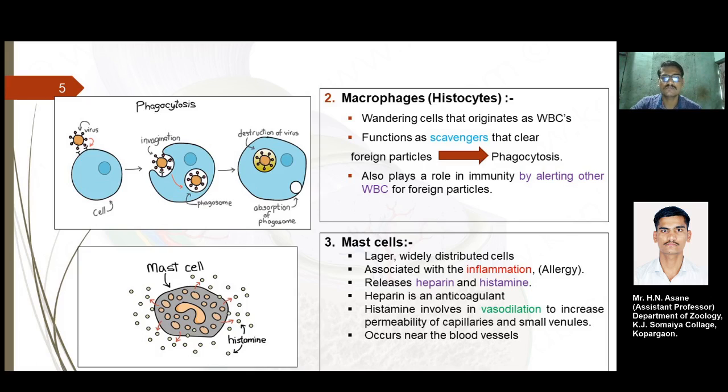That means they cause inflammation in an allergic condition, or when a foreign particle enters through our air stream. We start sneezing, and this is the sign that some foreign particle has entered our air tract, and these mast cells release heparin and histamine.